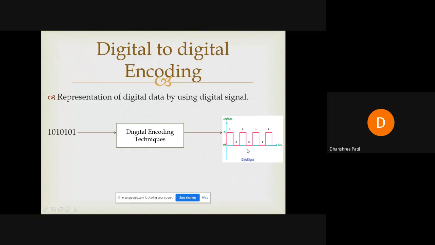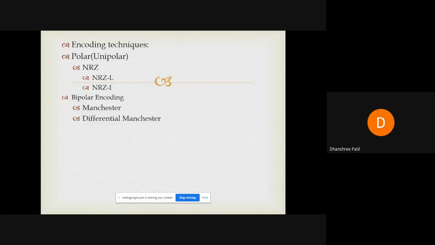But how is it represented? For representation of such data, there are some encoding techniques: NRZ, NRZ-L, NRZ-I, Manchester, Differential Manchester, etc. These are the main encoding techniques, and along with this we have sub-techniques also. We'll see them one by one.